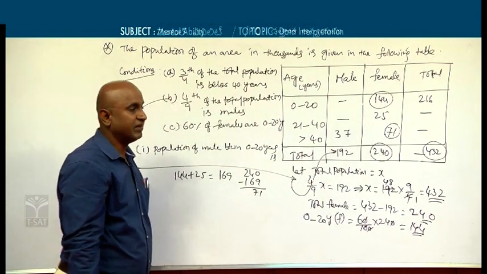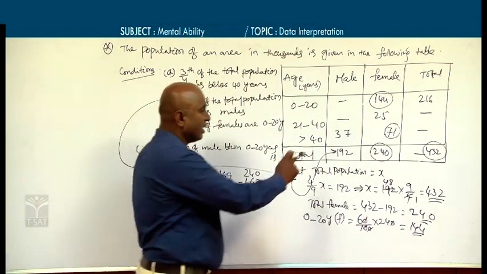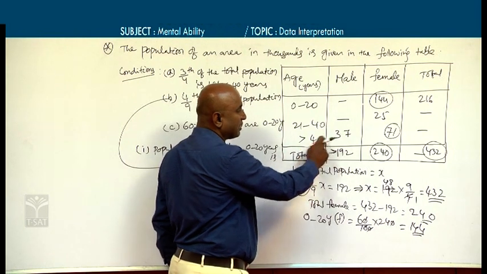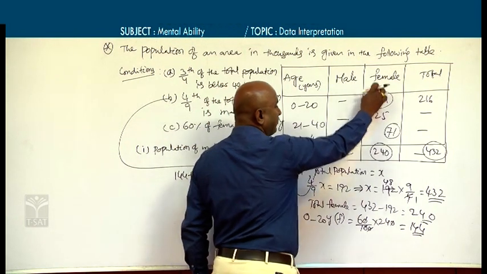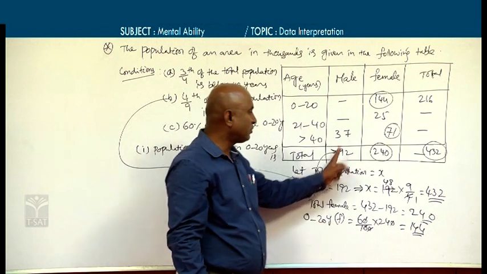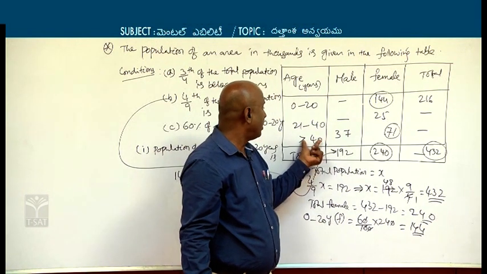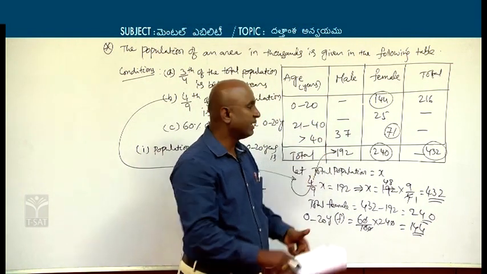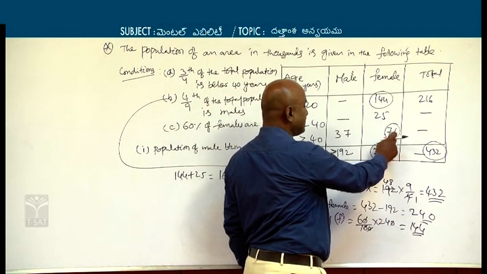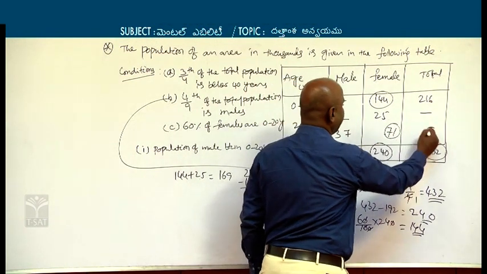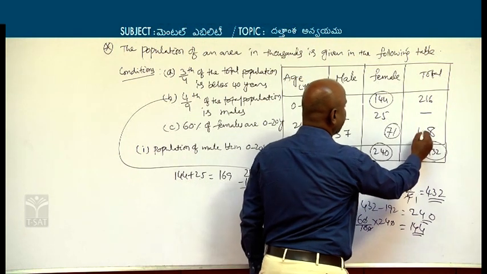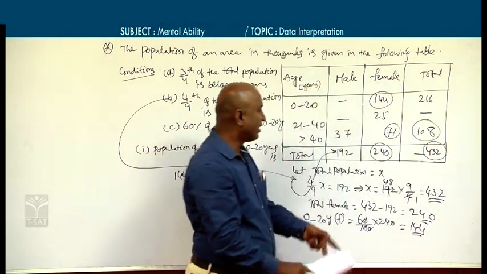And see, in the more than 40 years population, male is 37 and female is 71. What is the total population of more than 40 years? That is the sum of 37 and 71. So 7 plus 1 is 8, and 3 plus 7 is 10. So now we got this value.